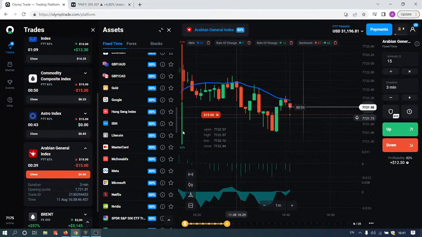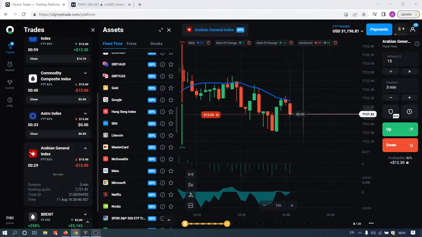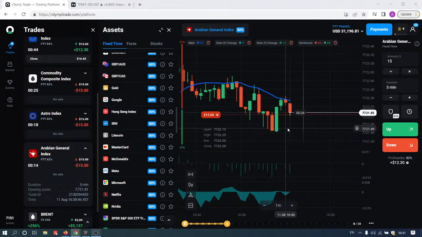Arabian General Index. So 40 seconds remaining. Why do so many traders call trading a game of probabilities? Well, I would say it is a game of mathematical probability, because any strategy does not guarantee that you're going to have 100% winning trades.